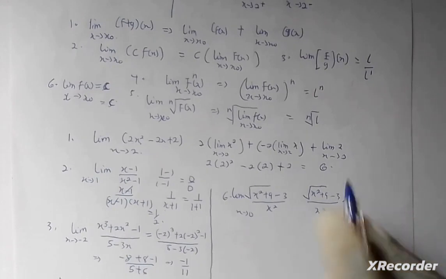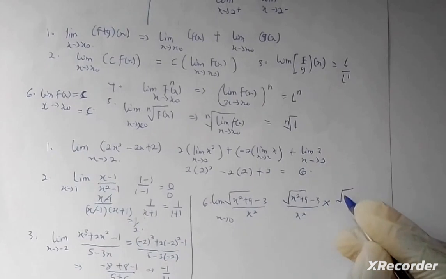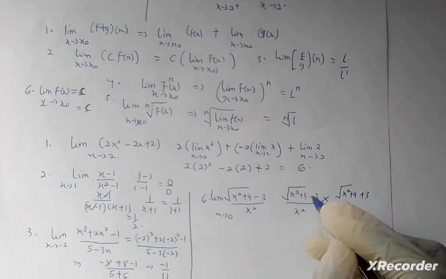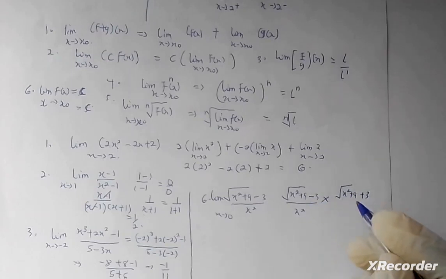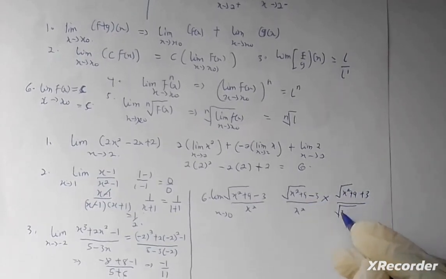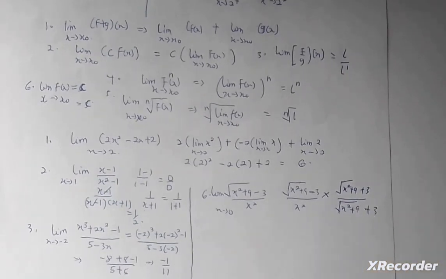So I'm going to get square root of s squared plus 9 plus 3. This is the conjugate. Here was minus, here is going to be plus 3, all over square root of s squared plus 9 then plus 3. You realize that when I cancel this and this, it still gives me 1, so I have done nothing here.